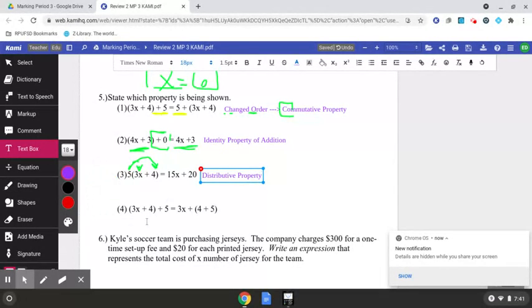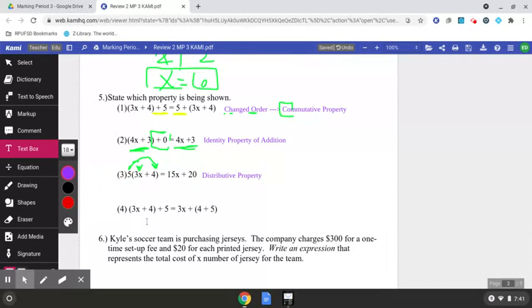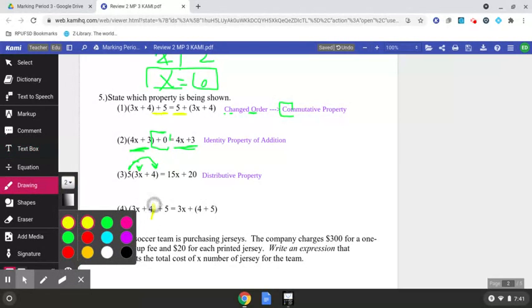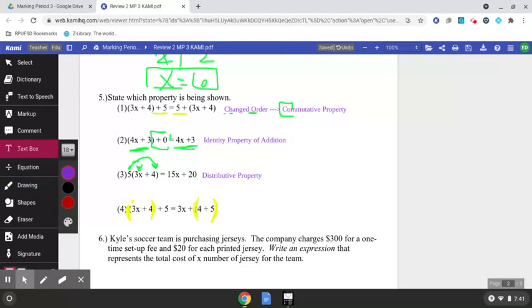Okay, and then the last one, if you notice, is what's happening in there is that my parentheses are initially around my 3x and my 4, and then they shift and they move to the 4 and the 5. The order of my numbers stays the same, 3x, 4, 5, 3x, 4, 5. It's just that in this one, my grouping changed.